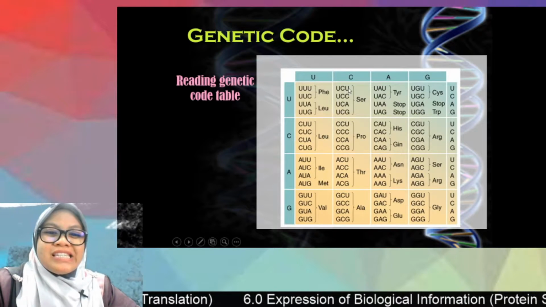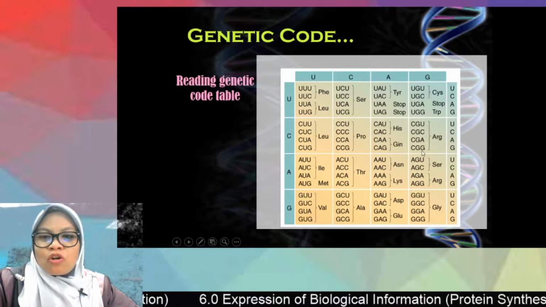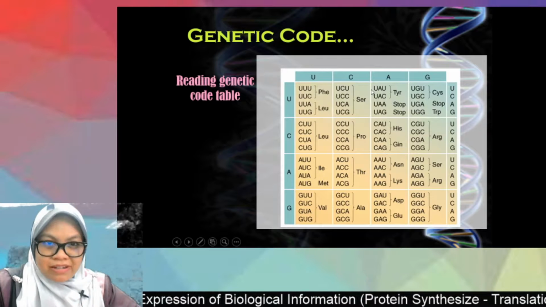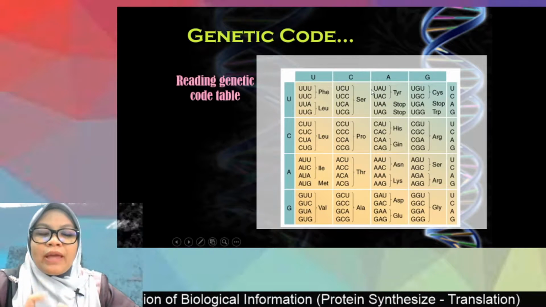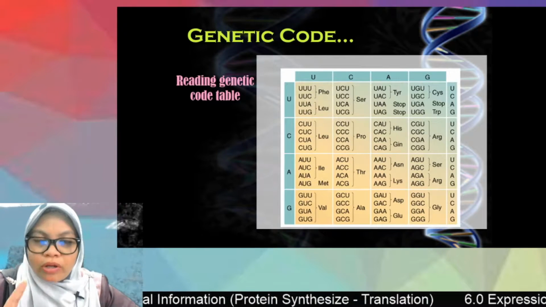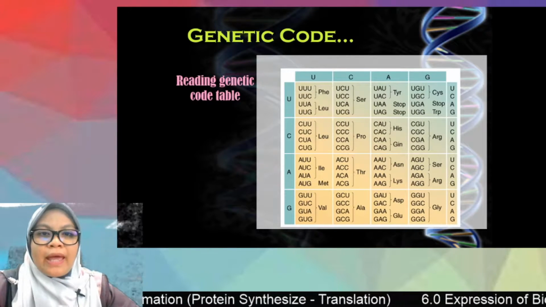But UCU, you cannot see the combination of UCU in any amino acid other than serine. So please understand, one amino acid can be coded by more than one codon, but one codon will code for one amino acid.